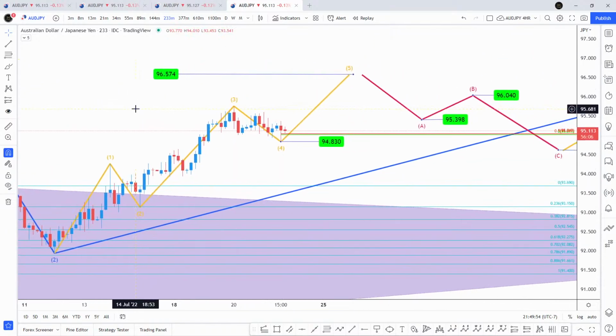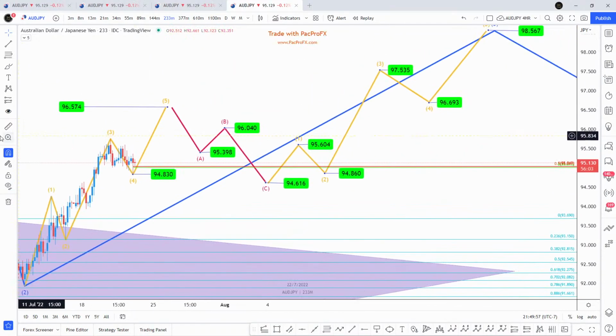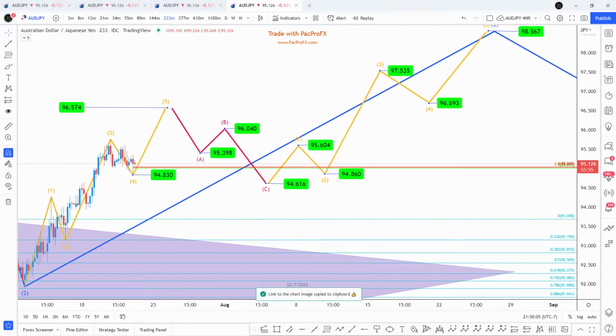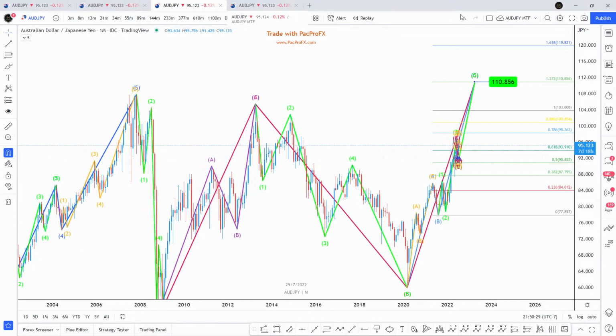All right, I'm just copying links to my server, so please bear with me, and I just want to make sure I have everything correct for my users. And monthly time frame.